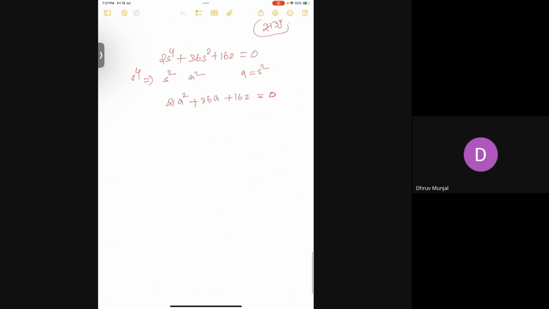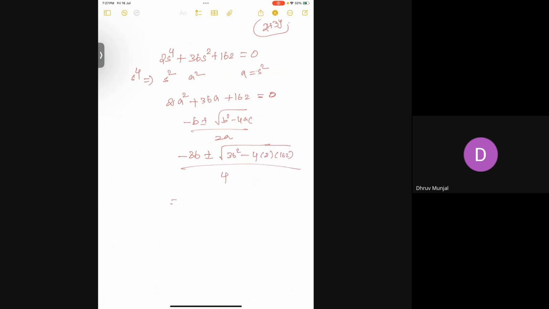Now can you solve using minus b plus or minus root of b square minus 4ac divided by 2a? This will give you minus 36 plus or minus root of 36 square minus 4 into 2 into 162, divided by 2.